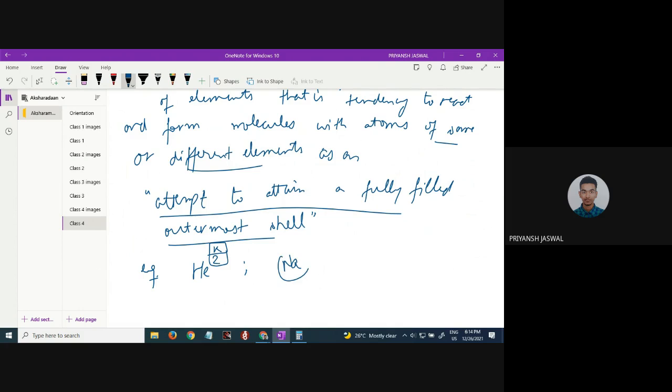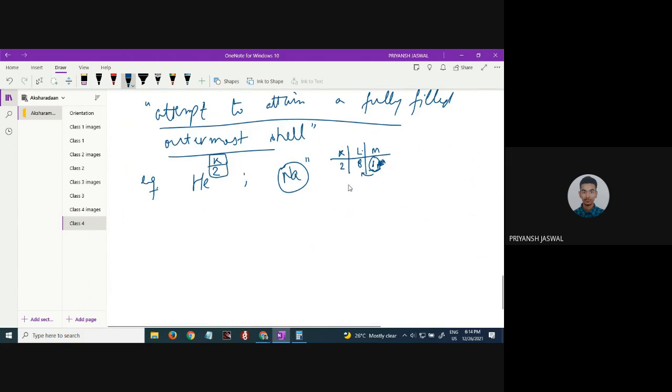Sodium has 11 electrons, so 2 go in the K shell, 8 in L, and 1 electron in the M shell. It is one electron away from a completely filled outermost shell. So, in order to attain stability, it will form a bond with some other atom, or it can form a bond with its own element, sodium, but that won't lead it to stability.